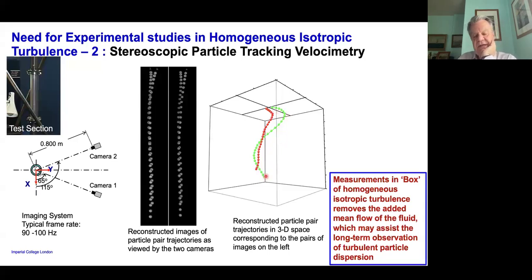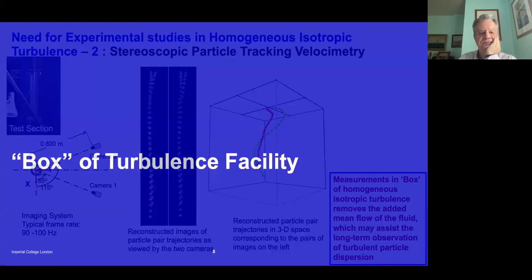So with this logic, doing an experiment with homogeneous isotropic turbulence with zero mean flow, you hope to look at particles in a smaller region of the flow, because the mean velocity is zero, and observe how the particles behave and eventually understand this interaction better.